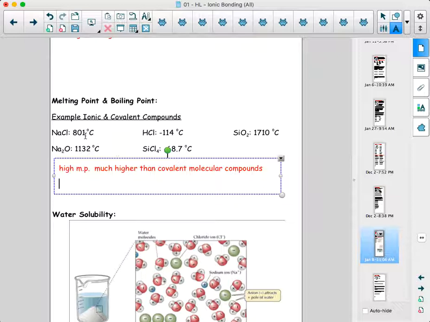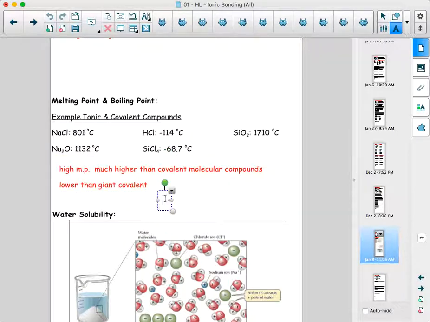However, we would consider them to be lower than giant covalent. If you have lots of covalent bonds between all the atoms, like here's silicon dioxide, 1700 degrees Celsius is higher than these other similarly sized compounds that are ionic over here, but still much higher than the molecular compounds that are in the middle.